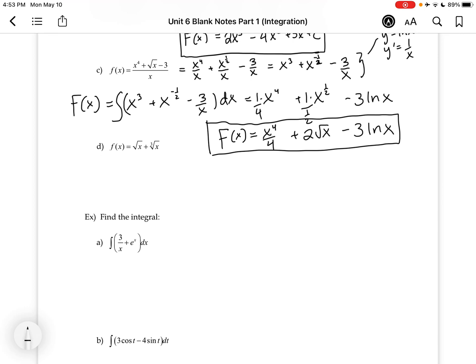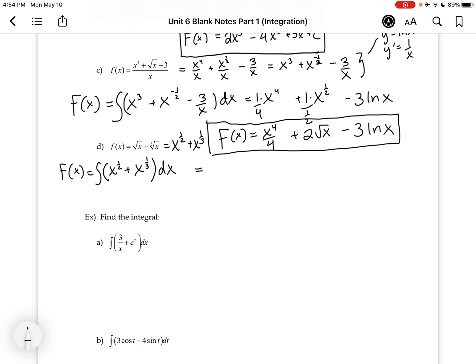Here's another one. F of x equals the square root of x plus the cube root of x. So just like when you're finding derivatives, when you're looking at integrals or antiderivatives, convert your radicals into fractional exponents. So this is x to the 1/2 plus x to the 1/3. So here we're looking at f of x equals the integral of x to the 1/2 plus x to the 1/3 dx.